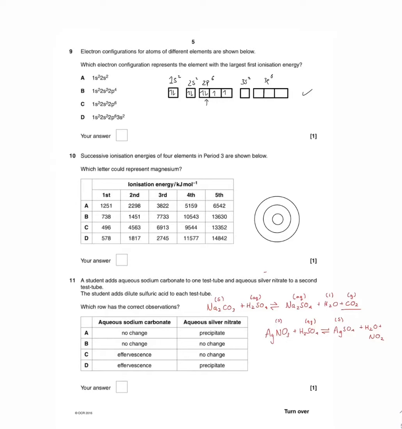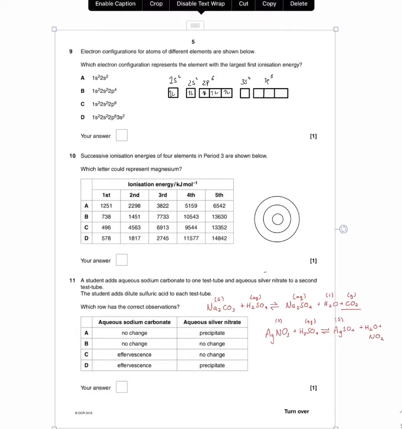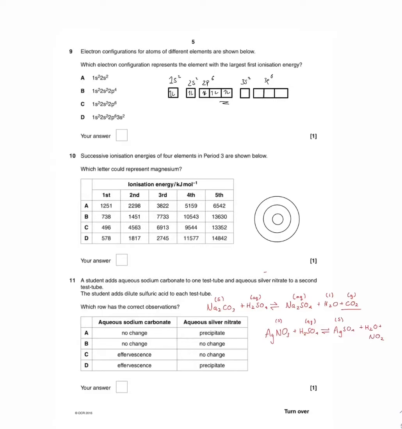So it would not have the largest first ionization energy, so it would not be B. Okay, and now we're going to look at C. And so 2p6, right. 1, 2, 3, 4, 5, 6. And so this is even further from the nucleus, and there is repulsion. And so it would definitely not be C because the ionization energy would not be the largest.